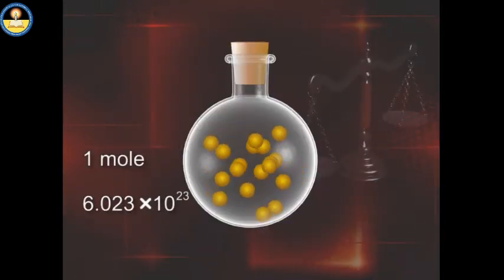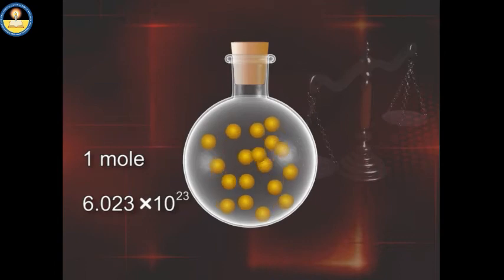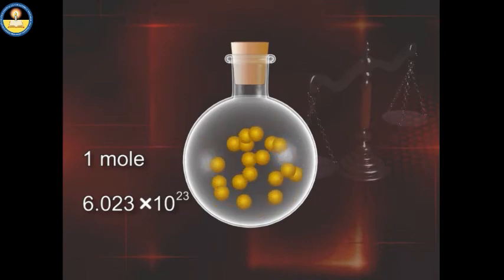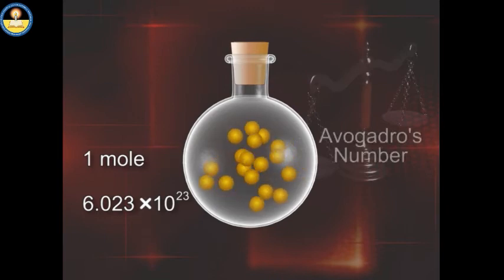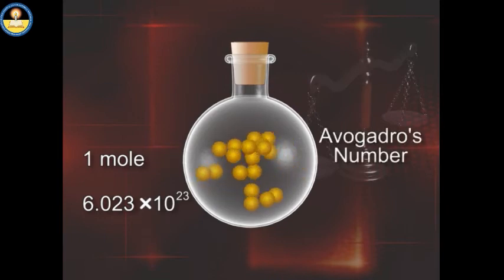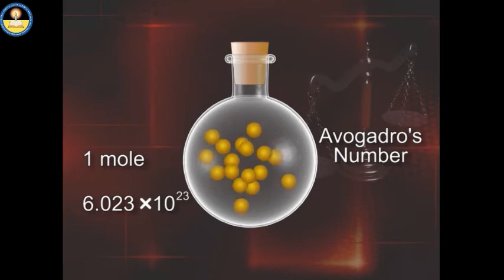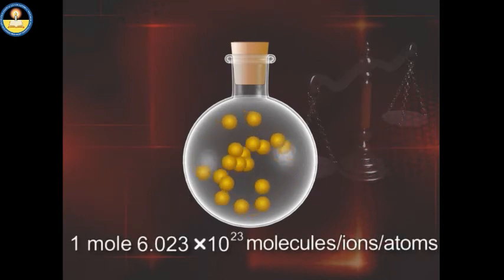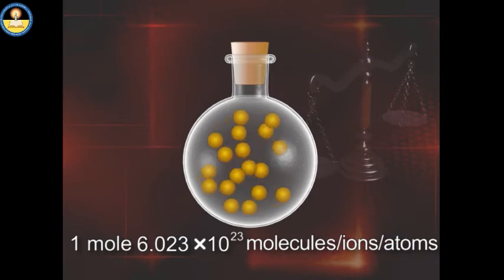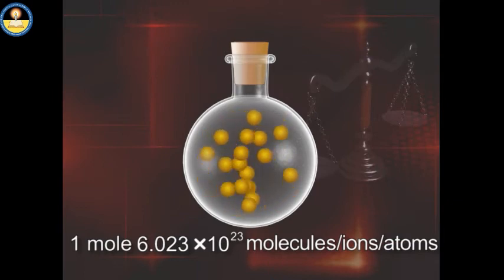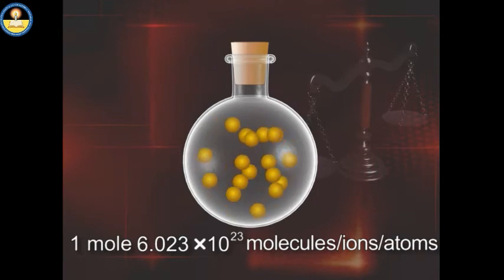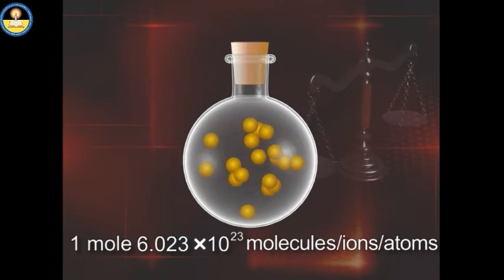Similarly, 1 mole can be represented by 6.023 multiplied by 10 to the power 23, which is also known as Avogadro's number. This means that 1 mole represents 6.023 multiplied by 10 to the power 23 molecules or ions or atoms.